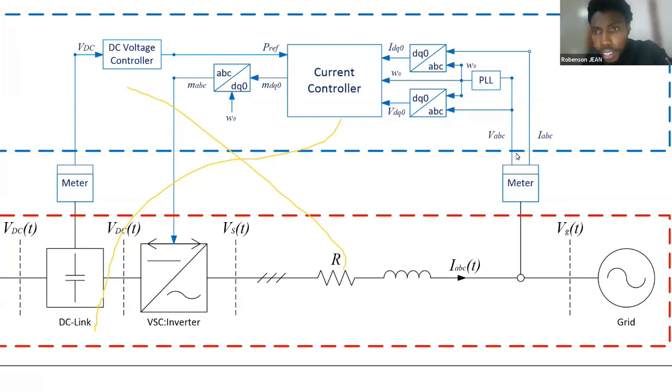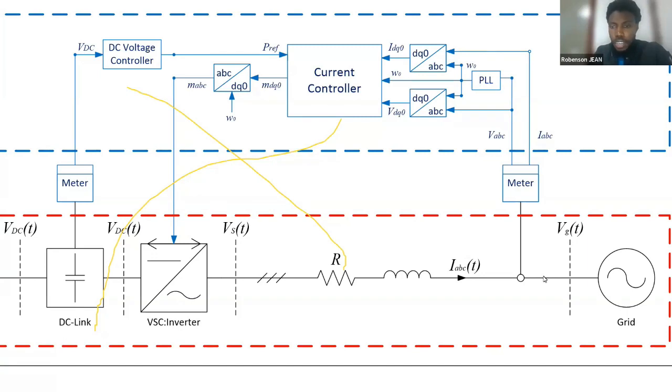This reference current is compared to the read current, because here you can see that we read the current. We compare it, and the error is also sent to a PI controller. After the PI controller, we send a modulation index, and this modulation index is sent to the inverter so the inverter can operate as expected.